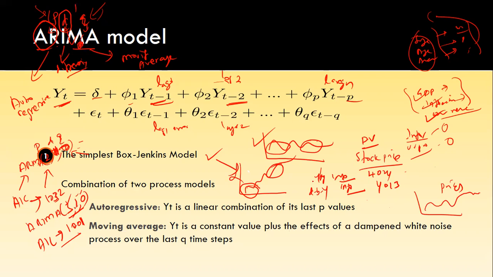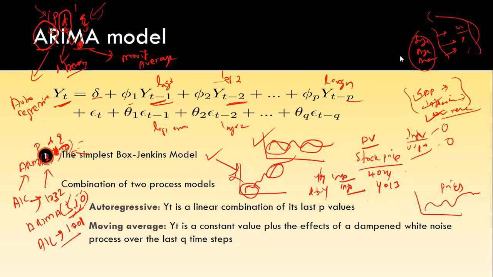By visually looking at this, we get to know whether the given data is stationary or not. But apart from that, there is a statistical test called the augmented Dickey-Fuller test, ADF. You know very well from statistics, as I told you, if you conduct any statistical test, it will return the p-value.